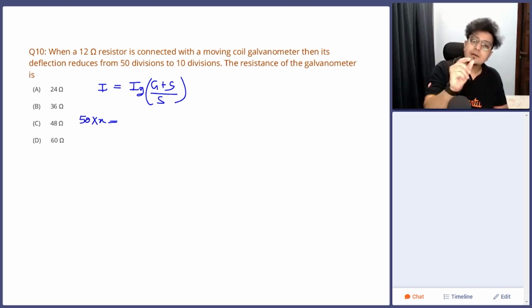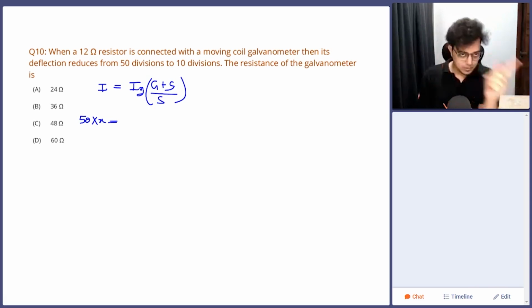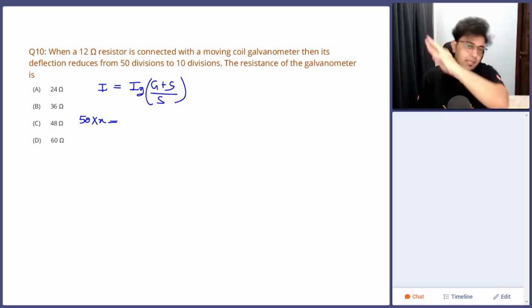X is the value of current when one division is rotated. So the value of one division is, let's say, X. Likewise, it was showing 50 divisions, so 50 into X. This is when it was directly connected to the galvanometer.